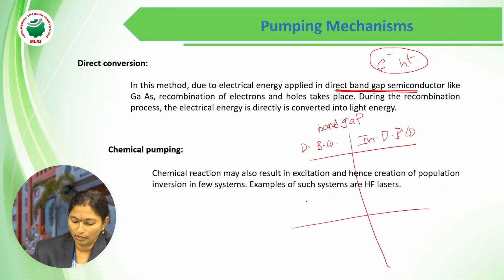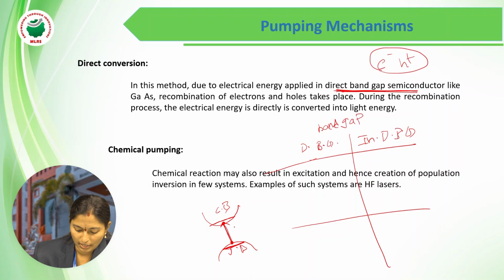Here, if you see, in direct band gap, this is the conduction band and this is the valence band. The valence band maximum and the conduction band minimum are at the same k values. K means wave vector values.